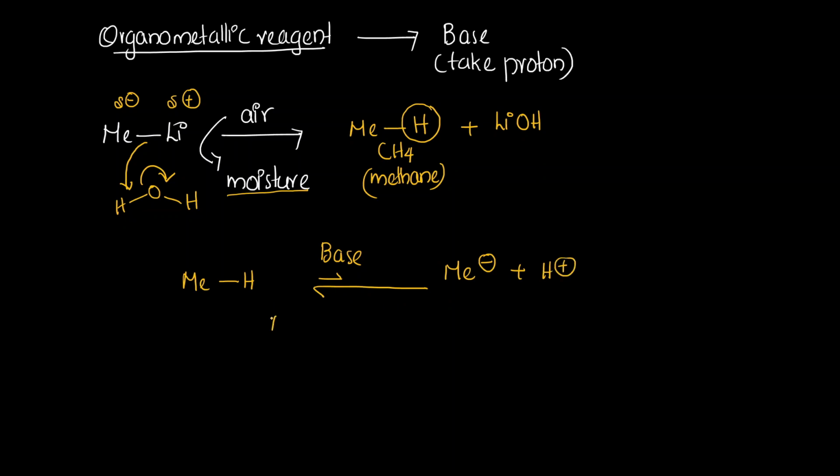This is because the pKa of methane is nearly equal to 50 and it is very difficult to take proton from this methane. So you must be very careful when using a bottle of organolithium reagents or the organomagnesium reagents.